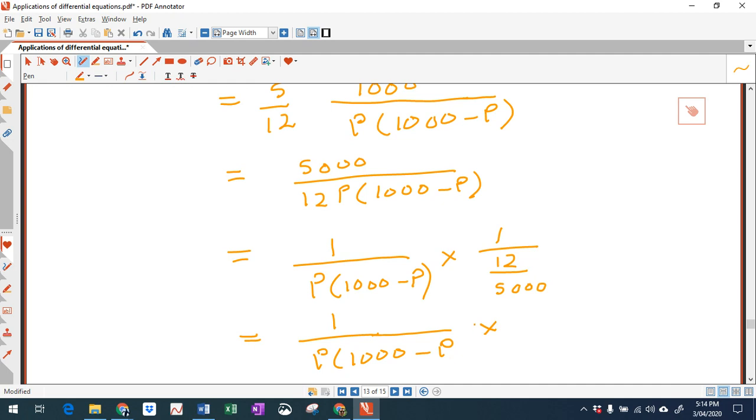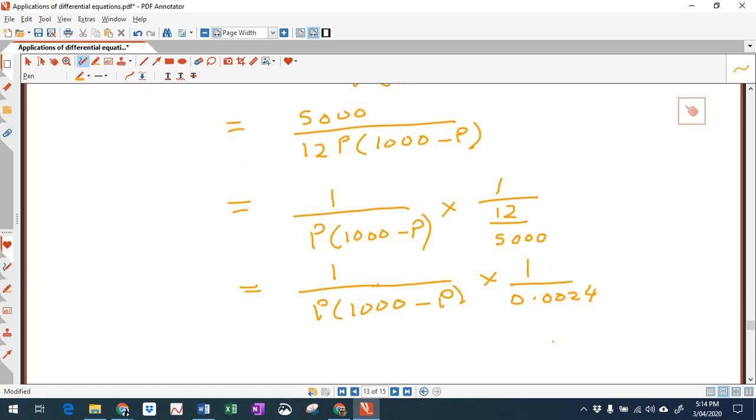What's 1 over 12 over 5000? Well, let's work it out: 12 divided by 5000 is 0.0024. Okay, so we've pretty much got our answer there.